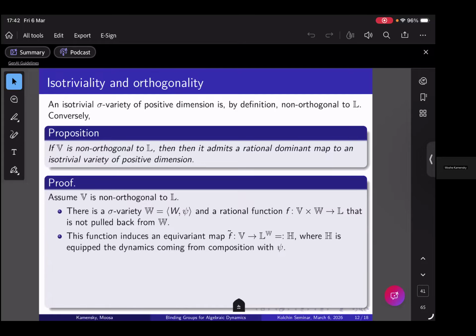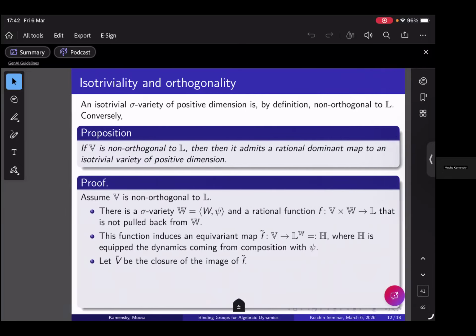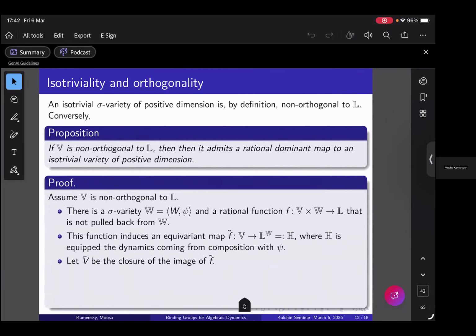So we get a map like this, and we take the image of this map. The image is already finite dimensional. And I want to say that this image is isotrivial, and the isotriviality is given by just the evaluation map.